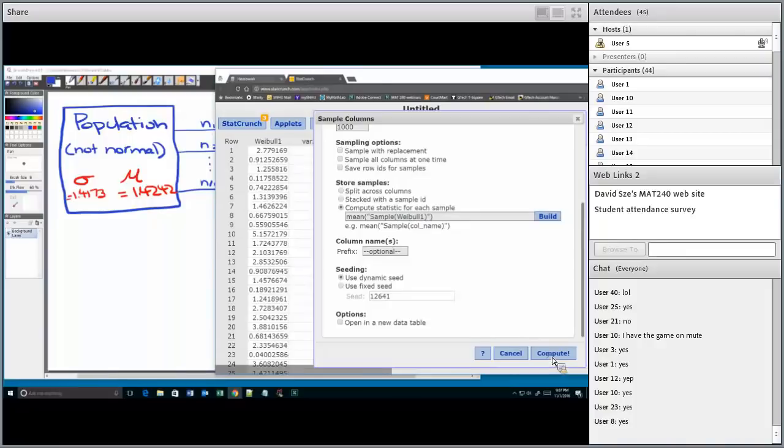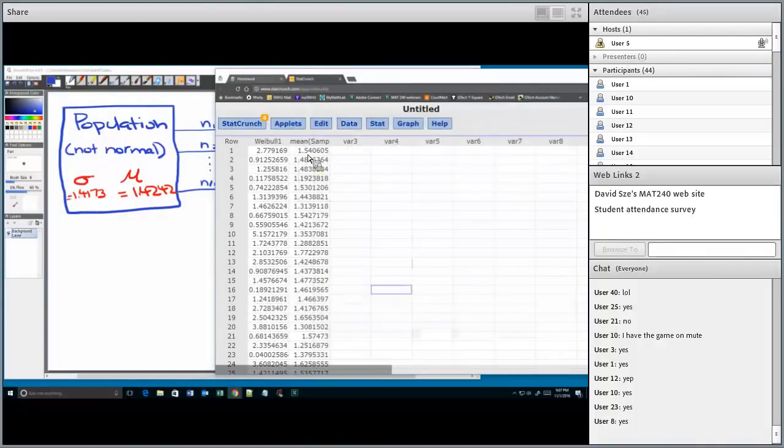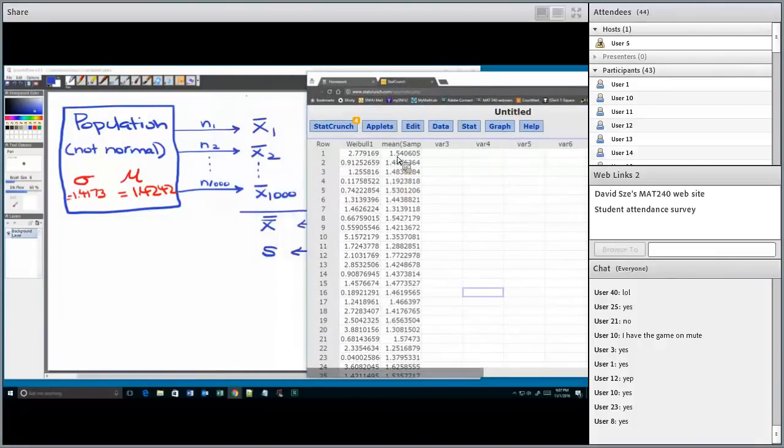So here it is. Each row in this column represents a sample mean. For example, 1.5406 is the mean x bar 1, and 1.4876 is the mean x bar 2. I did this 1000 times, so I have 1000 means. Everyone with me so far?